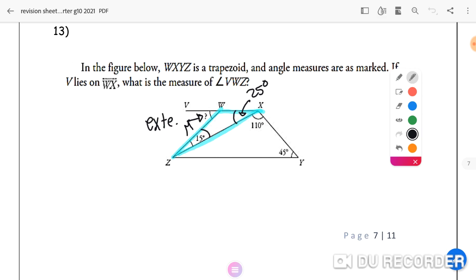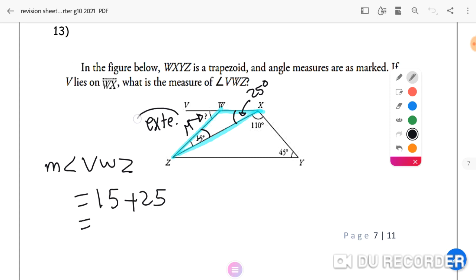Okay, and you can find out the measure of angle VWZ equals the sum of the measures of the two non-adjacent angles, which are 15 plus 25, because this angle is an exterior angle of this triangle, and that equals 40 degrees. So this measure, the required, equals 40 degrees.